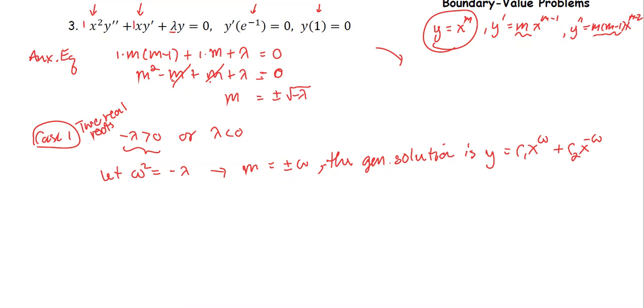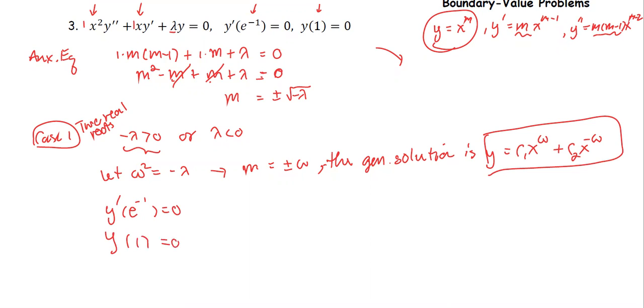Now, from this general solution, again, use the conditions y prime at e to the negative first equals 0 and y at 1 equals 0. That means we're going to need y prime. So on the side here, y prime is C1, since omega is a real number, right? So C1 omega x to the omega minus 1 minus C2 omega x to the negative omega minus 1 as y prime.